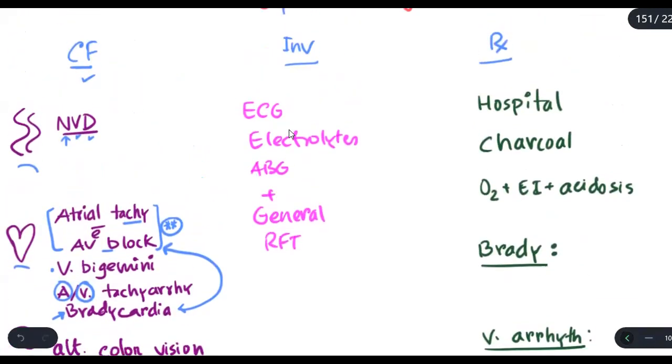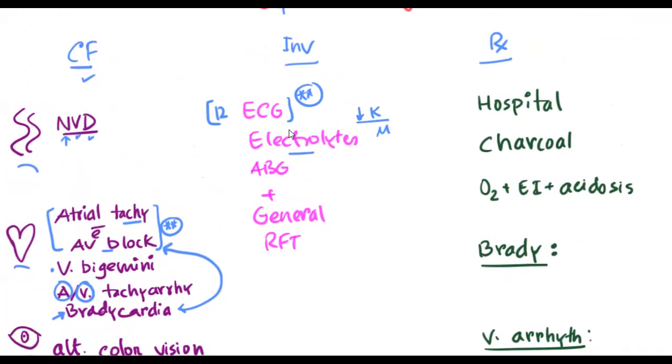In patients with digoxin toxicity, it's very important to get an ECG, especially a 12-lead ECG, to identify the arrhythmias suggestive of digoxin toxicity. Electrolytes are also essential, especially potassium and magnesium, because hypokalemia increases the risk of digoxin toxicity. ABGs are essential because if the patient has acidosis, that's a bad prognostic feature.